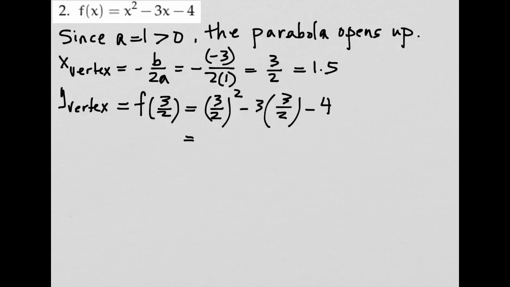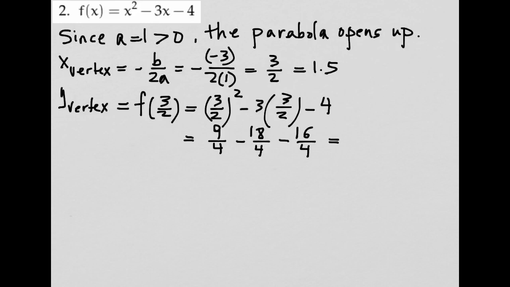That's equal to 9 over 4 minus 9 over 2, which I can write as 18 over 4, minus 4, which I can write as 16 over 4.